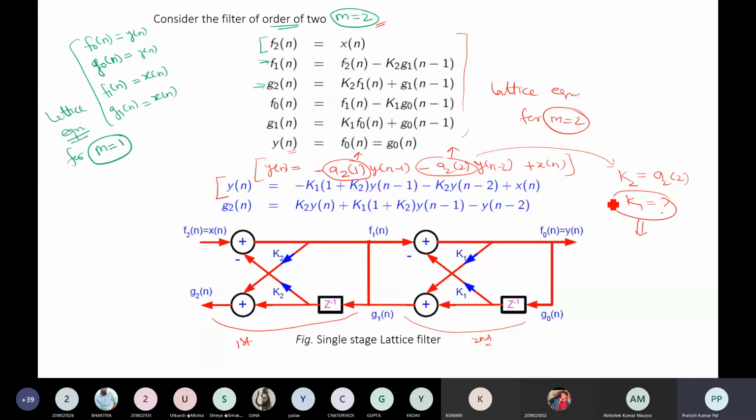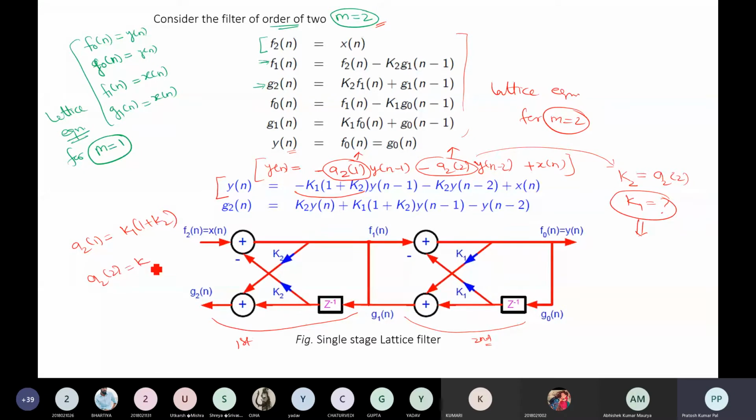Okay, so the k1 value will be such that a2 of 1 will be equal to k1 1 plus k2, and a2 2 is equal to k2.